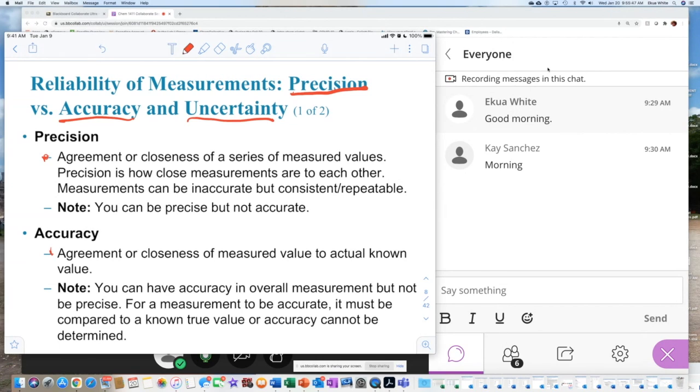When you learn about precision and accuracy, what did you understand from that before I get into my whole spiel? If you would like to share, it would be nice if you guys shared. Precision, anyone, or accuracy?